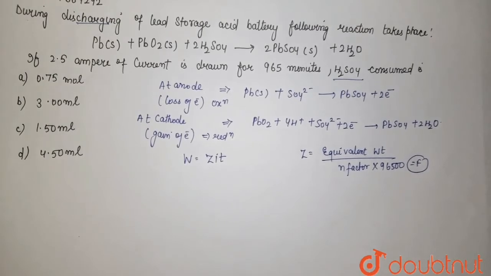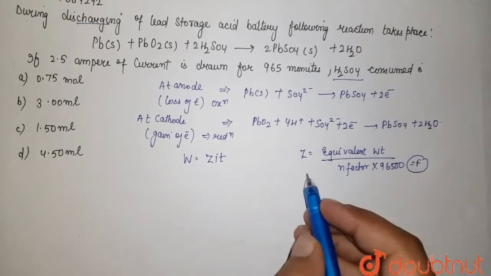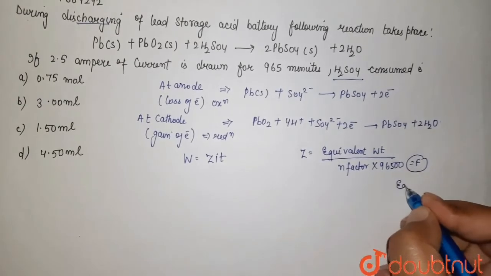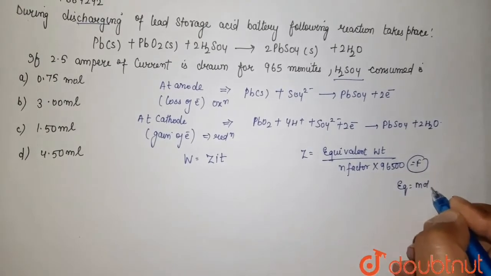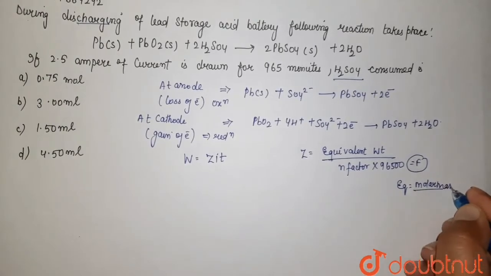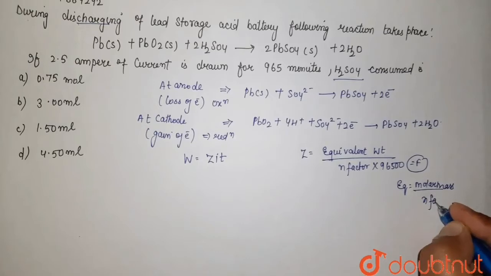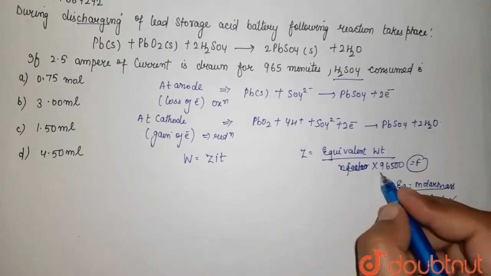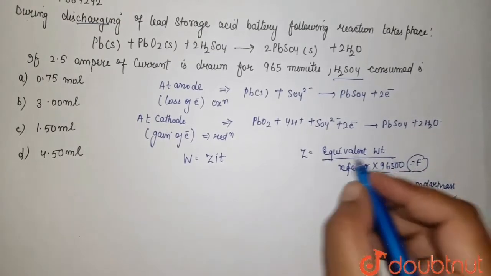Here F is the Faraday constant. Now equivalent weight is equal to molar mass divided by n factor.